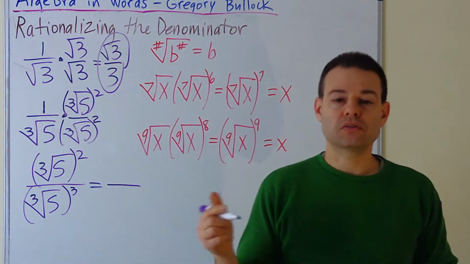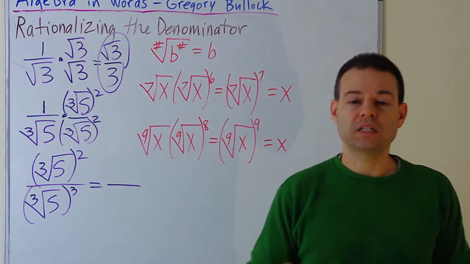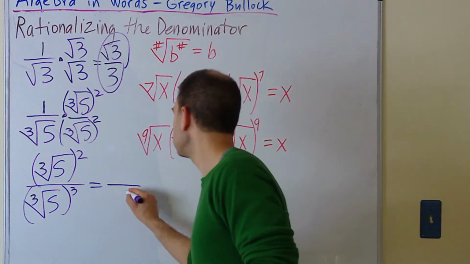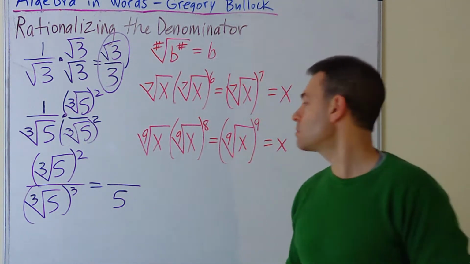And now, since the root and the exponent are the same, we can eliminate the radical, and it's just 5, the base, 5. And in the top, it stays what it is.